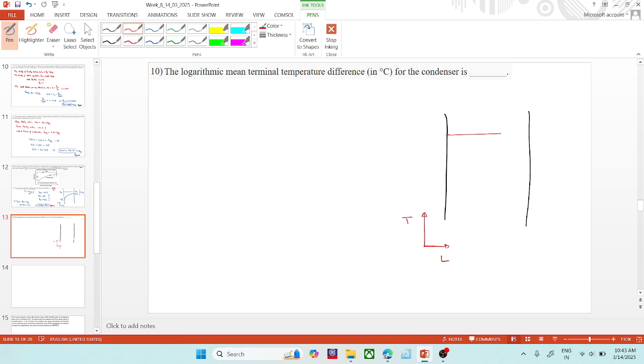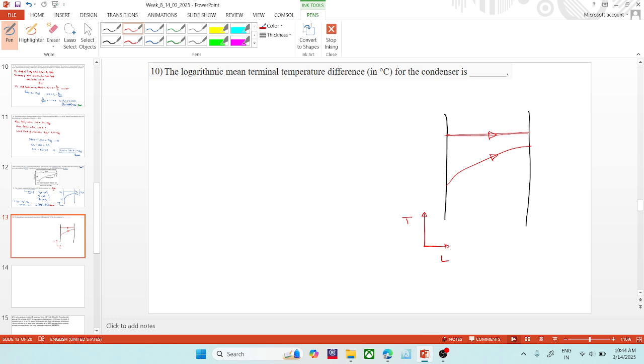This is my hot fluid stream, which is steam condensing at 44 degrees centigrade, and this is the entry and exit temperature of the cooling water.